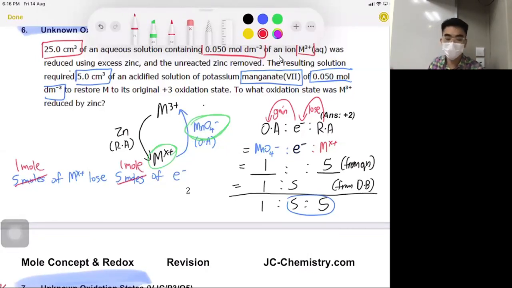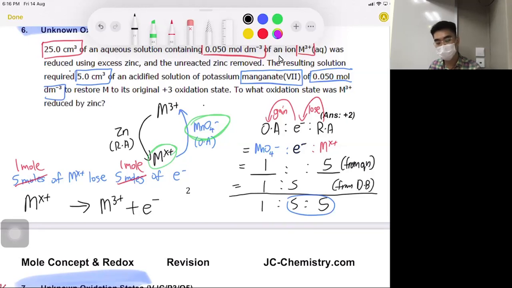Even so, this part also has people making mistakes because they will write the wrong equation. So I'm going to write down here, MX plus eventually becomes M3 plus, right? Lose electrons means you must write them on the right hand side. So it's here. It's not on the left hand side. If you write on the left hand side, you will get the wrong answer.